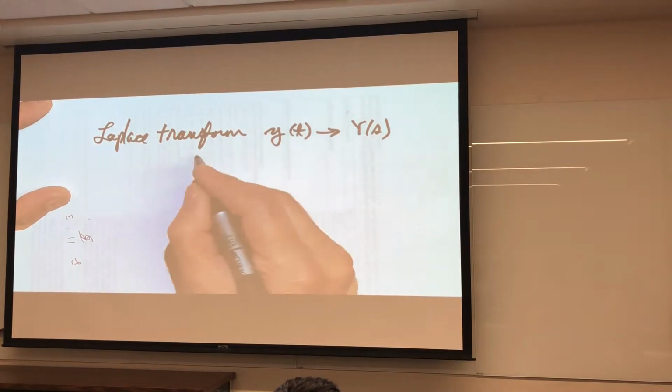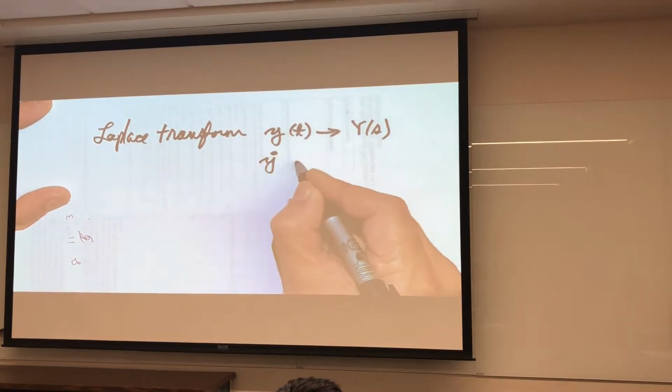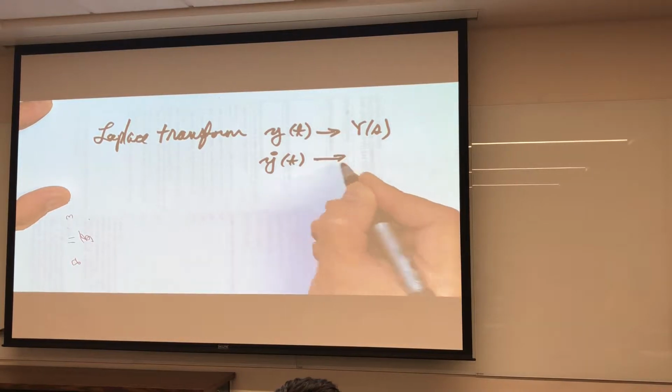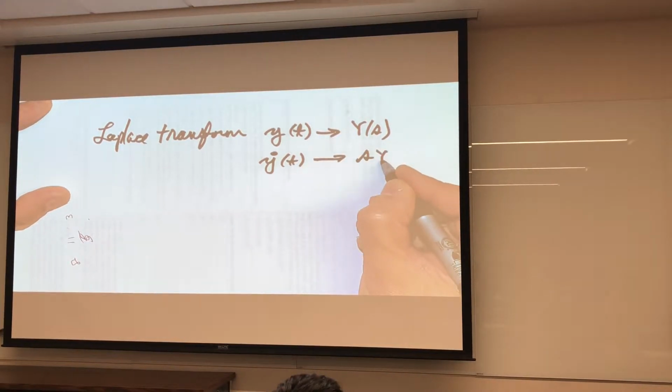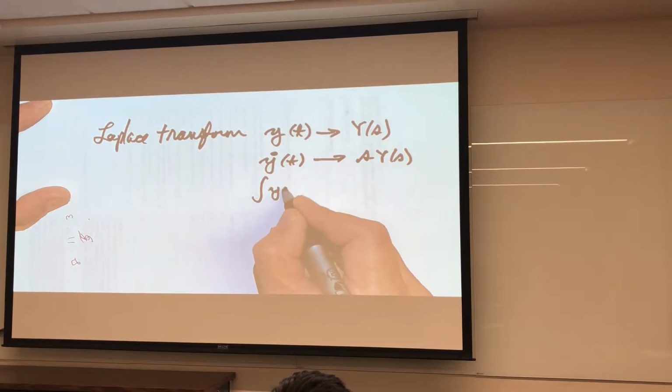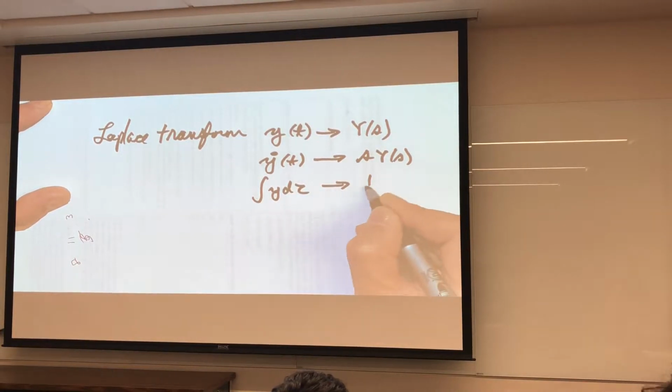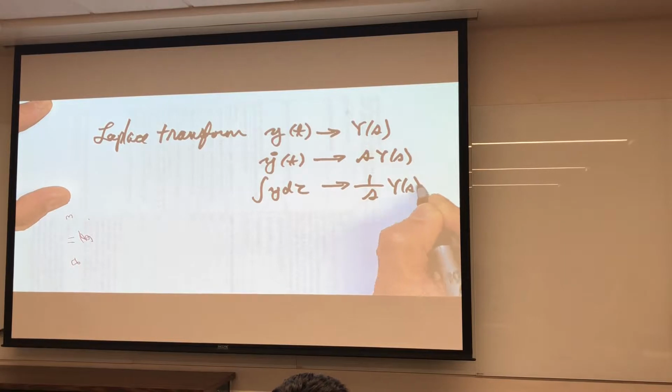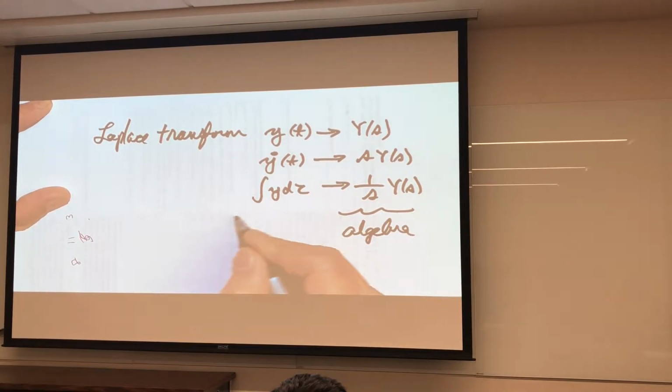And calculus operations, y dot, in time, become a multiply by S. And integration in time becomes a divide by S. That's the main thing. This is algebra on this side, and this is calculus.